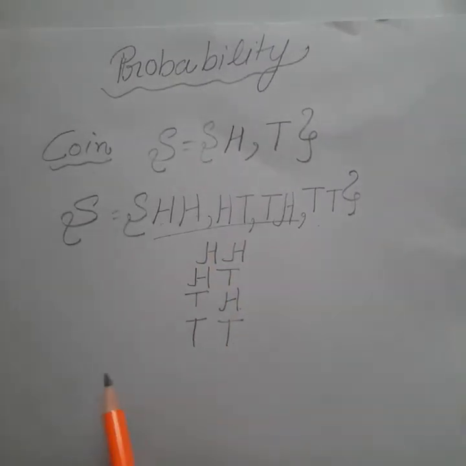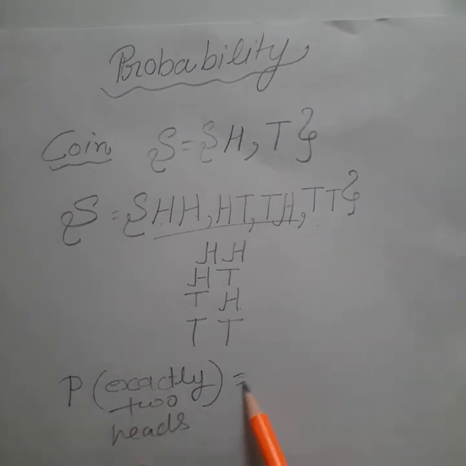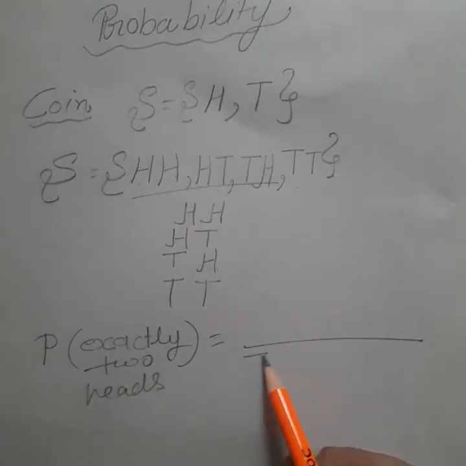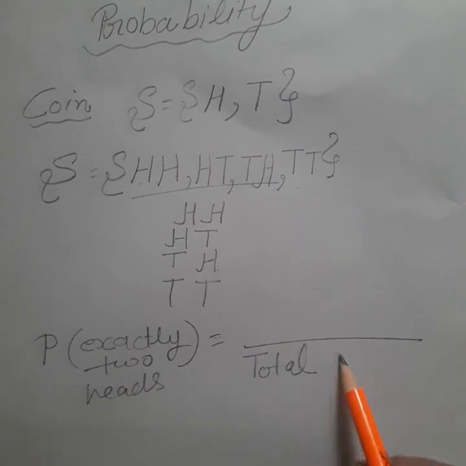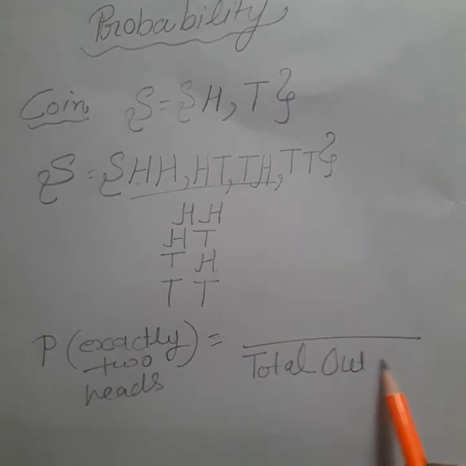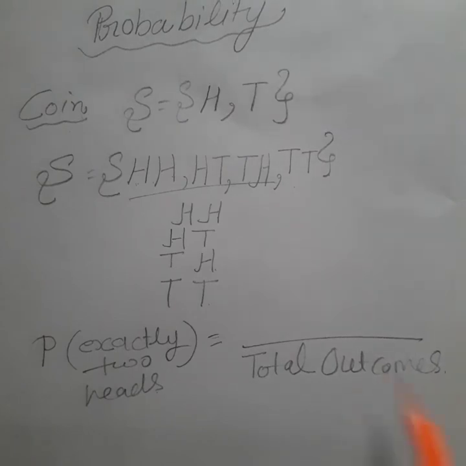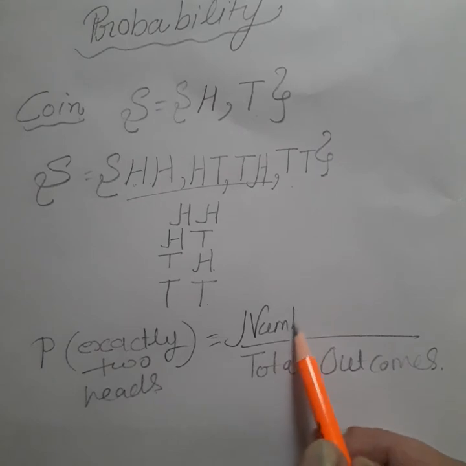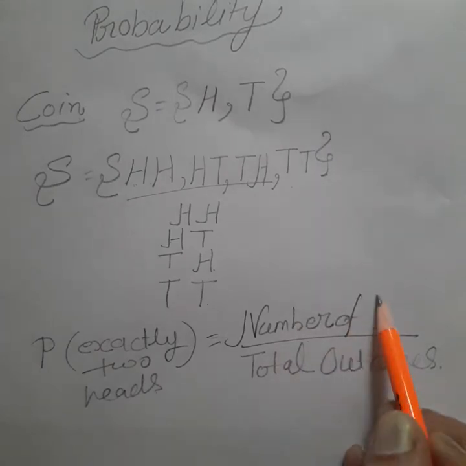Then if the question is to find the probability of getting exactly two heads, how can you find the answer? The formula of probability is: in the denominator we write the total outcomes, and in the numerator we write the number of favorable outcomes.